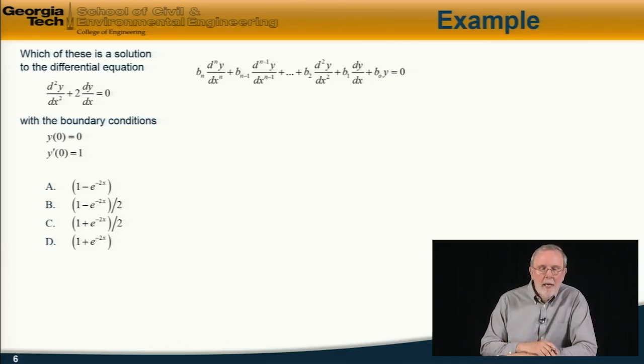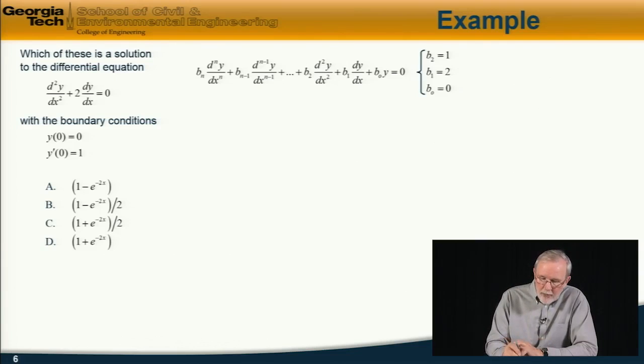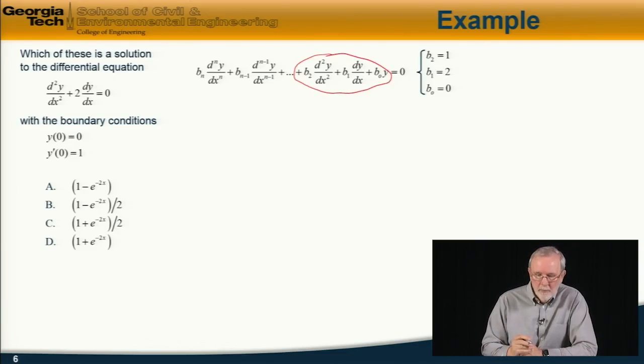Well, first we compare our basic differential equation with the general statement of the linear homogeneous equation, which is this. Comparing these, we see we only have the last three terms appearing in this equation.